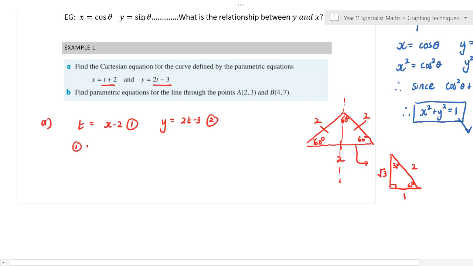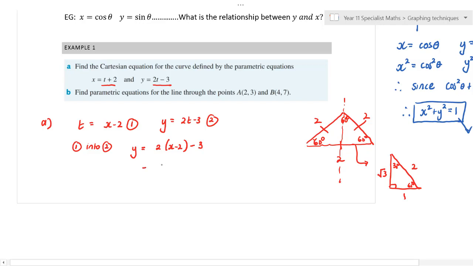I'm going to substitute 1 into 2. So wherever there's a t, I'm going to replace that with x minus 2. Please use your brackets. These silly mistakes like not using brackets and expanding brackets properly will absolutely slaughter you in terms of the silly marks you'll lose in Methods and Specialist.